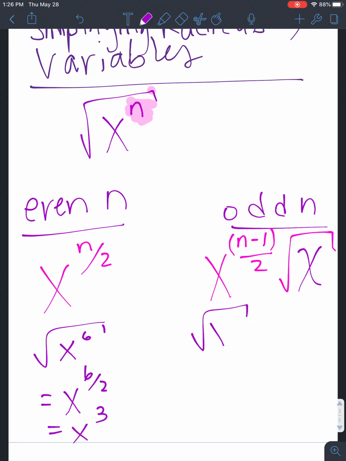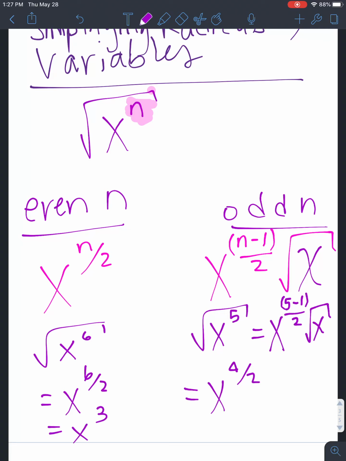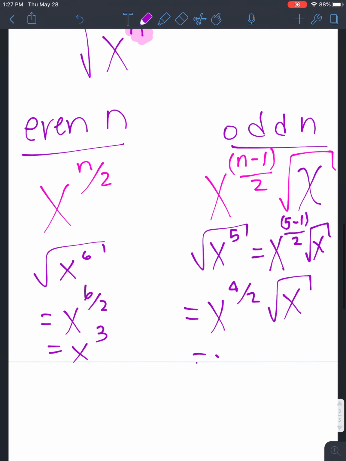So if we had the square root of x to the 5th, for example, we'd say, okay, that's the same thing as x to the 5 minus 1 over 2 times the square root of x. 5 minus 1 is 4, so we're left with x to the 4 halves times the square root of x. And 4 halves, or 4 divided by 2, is x squared. So we're left with x squared times the square root of x.